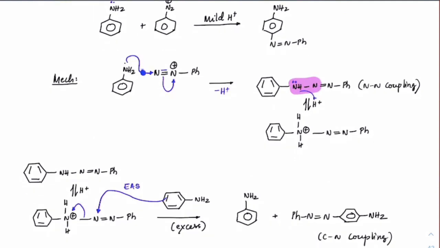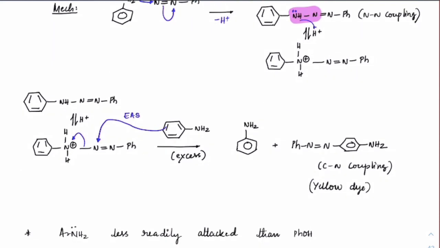First it will go for simple lone pair donation here, I mean the nucleophilic attack. After that it becomes the N-N coupled product, and that product in acidic medium will ensure removal of this aniline group, and finally electrophilic aromatic substitution will take place.